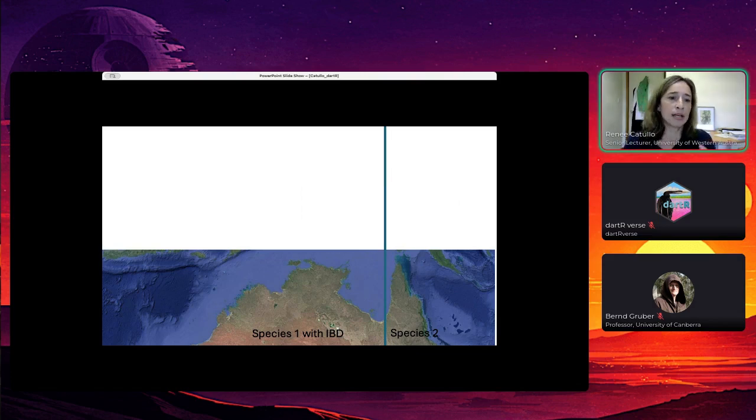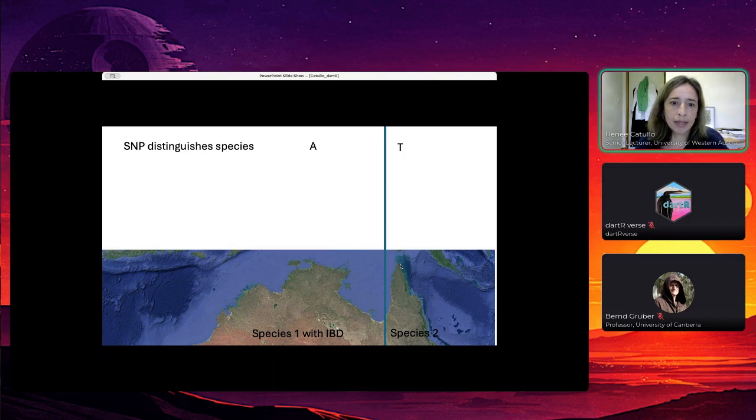So these are all very fancy slides, but let's say we have an Australian monsoonal tropical species. So we've got thousands of kilometers, and we have two species. One that is widespread and has isolation by distance, and another that is over in Cape York. So when we think about SNPs, we get a SNP that distinguishes between species.